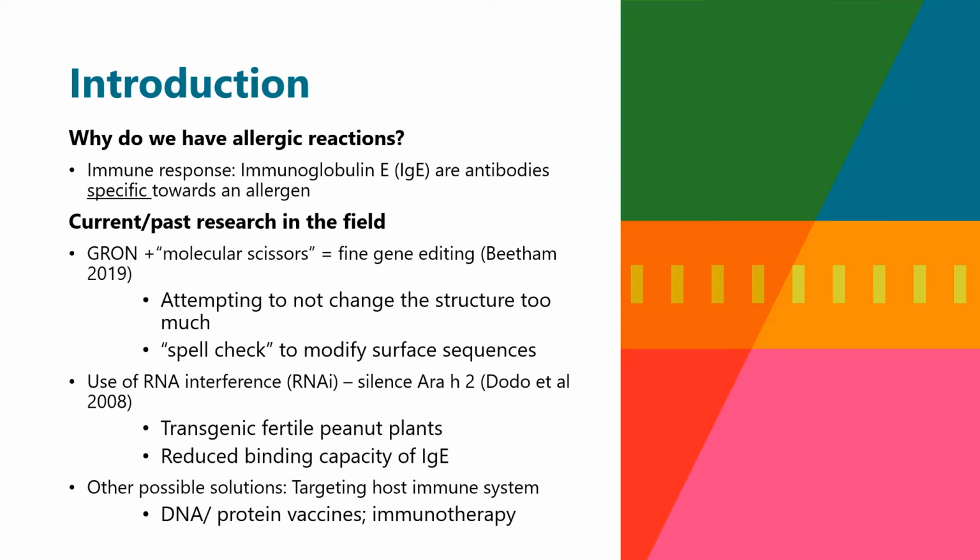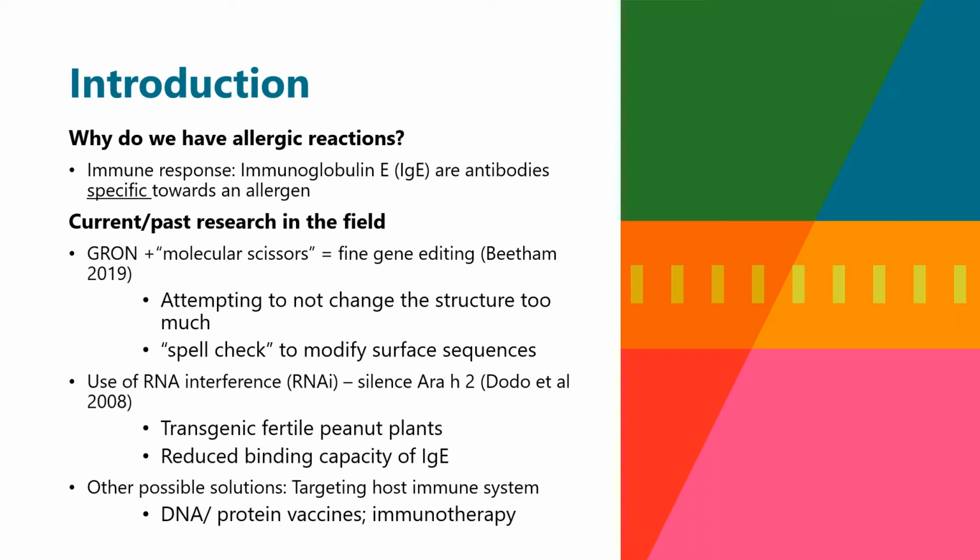It would modify the structure of the surface of the peanut versus cutting out certain proteins, which would then result in something that is not considered a peanut anymore. So modifying the surface structure would inhibit binding with IgE. So ultimately, he wanted to eliminate any undesirable function of a protein while preserving its original structure.